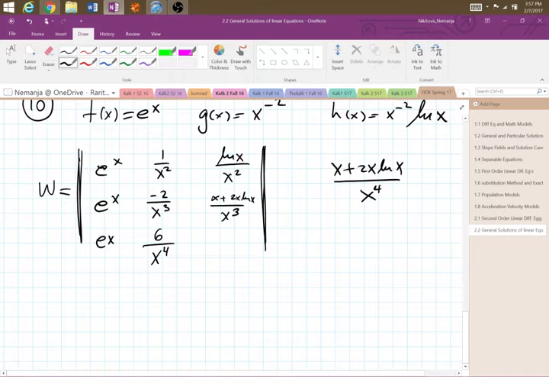We need one more derivative. Maybe do that one on the side. So it's definitely over x to the 6, or maybe not if something cancels. Let's move the x to the 4.